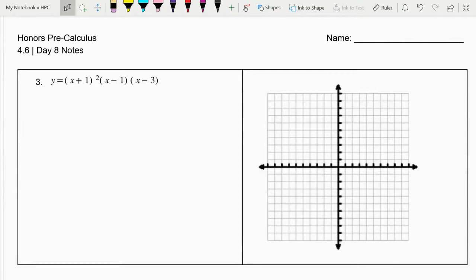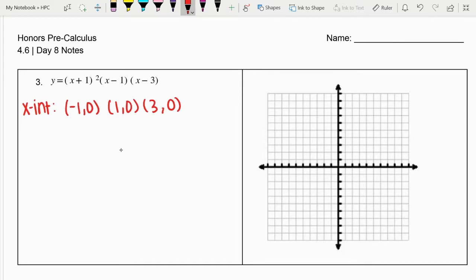Okay, number 3 is our last example for today. So we have y is equal to (x plus 1) squared times (x minus 1) times (x minus 3). So let's go ahead and start with our x-intercepts. We are going to have an x-intercept at (negative 1, 0), (positive 1, 0), and (positive 3, 0). Okay, we are going to look at the power for each of those to find out our multiplicity.